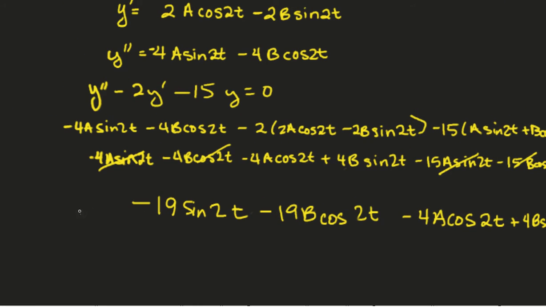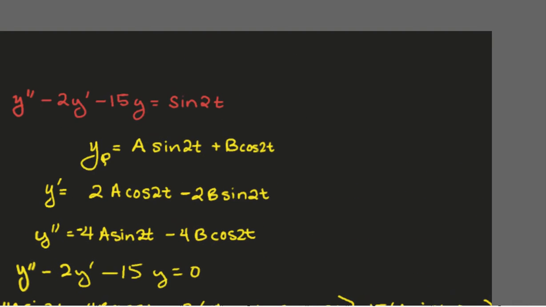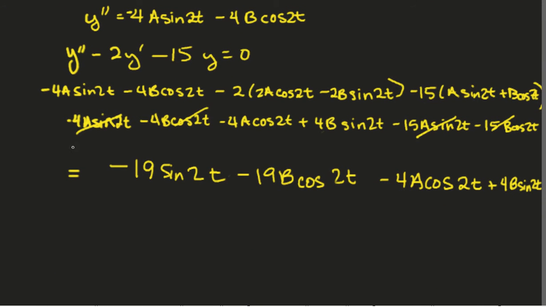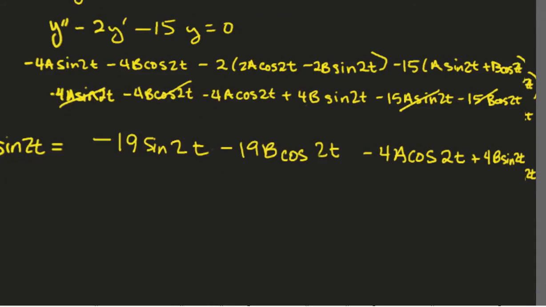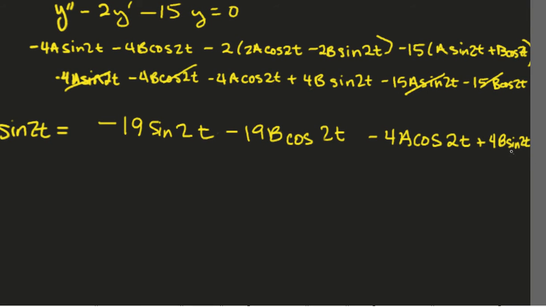All right, so then we set that equal to our particular solution, which was just sine 2t. So we look for the sine 2t term, and it's right here. And there's one actually right here as well.